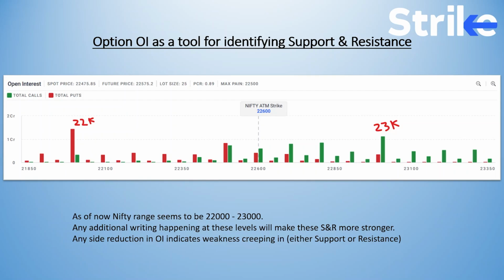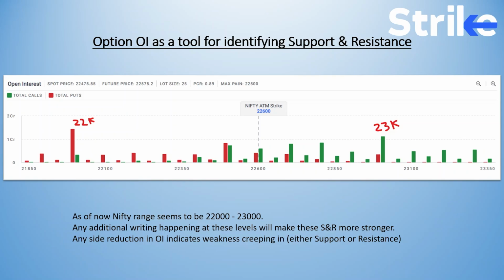Like if you could see on this Nifty option chain chart, we can broadly say that the range of Nifty for the next few days will be between 22,000 to 23,000, because the 22,000 put and the 23,000 call are the strike prices where maximum open interest has been accumulated.